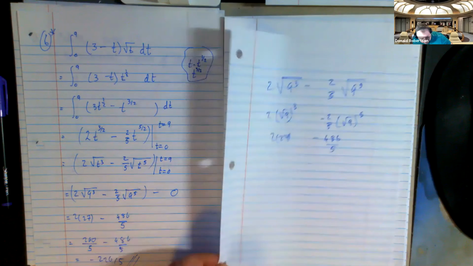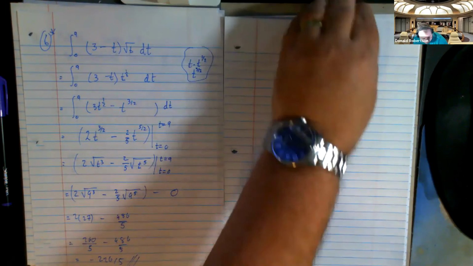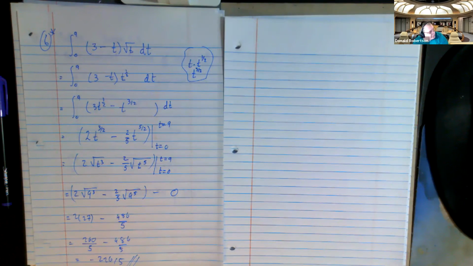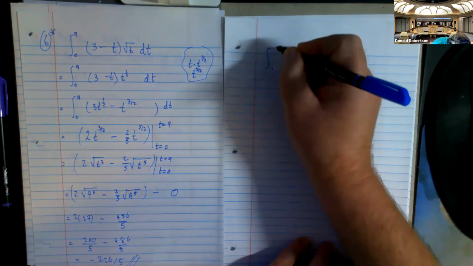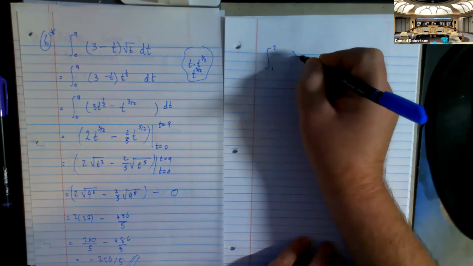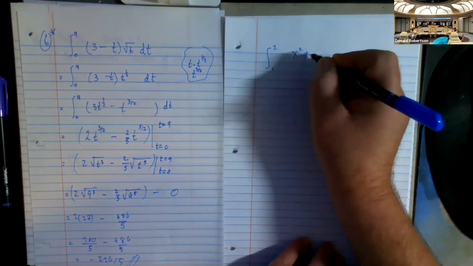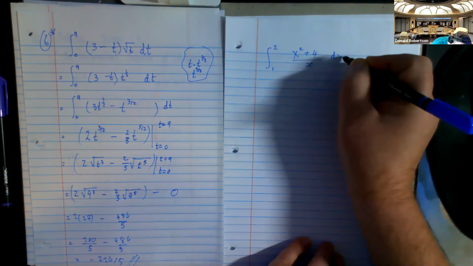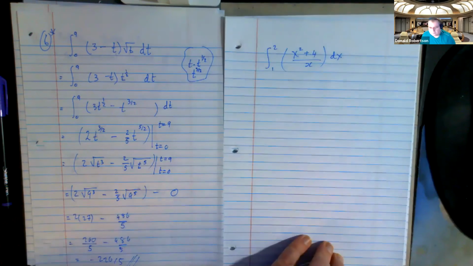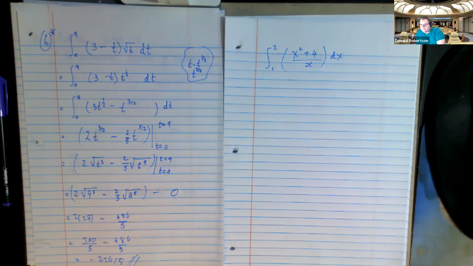Now, there is a huge, huge number of different versions of this question. So here's another one. You've got to treat each one as an individual because it's not one method works for everything.